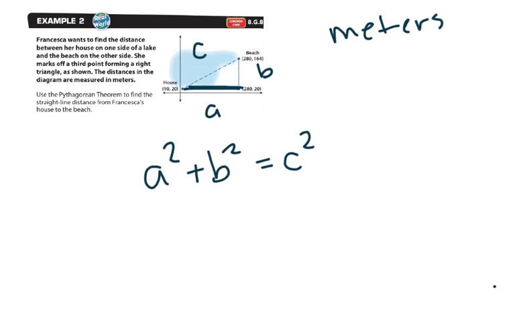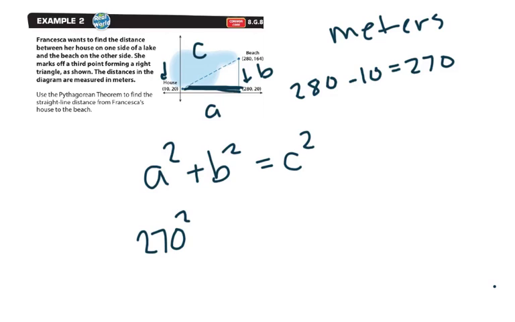In order to find the length, I know that I am along the x-axis, right? So I'm going to take my x values and subtract them from each other, and it's going to have to be an absolute value because there are no negative numbers here. So 280 minus 10 equals 270. This whole distance across here is 270.